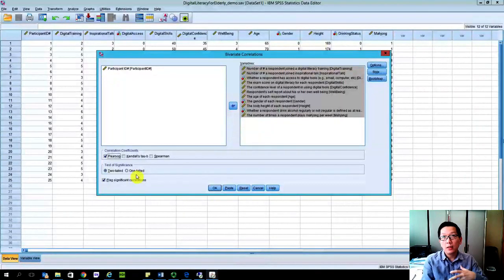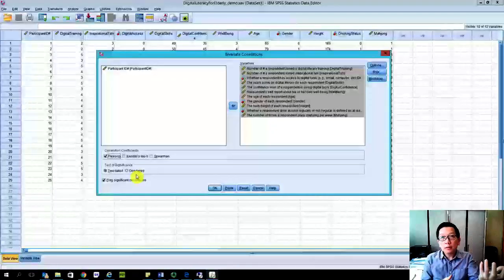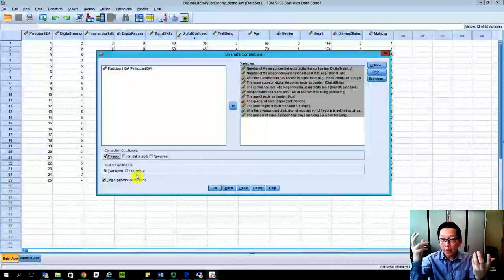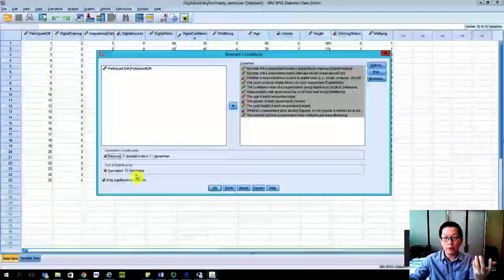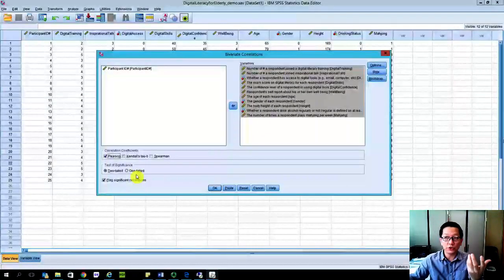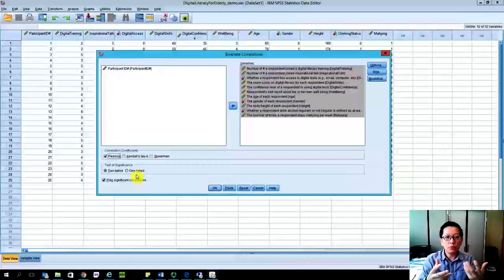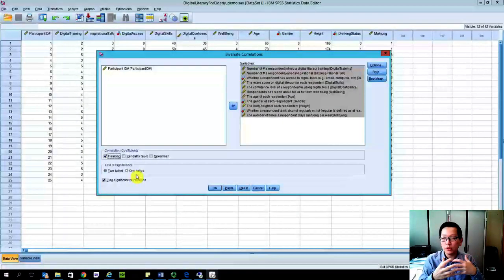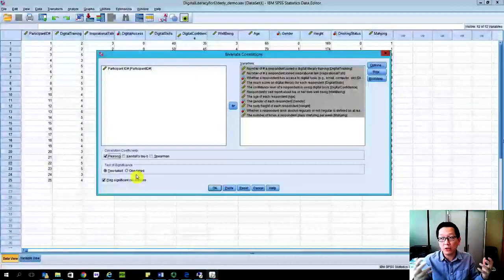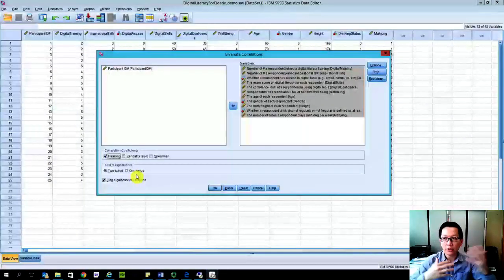For example, you say the more digital training that they receive, the better the digital skills and the better the well-being of these respondents, and you have a very precise prediction that this is a positive relationship. But in this test, I don't want to use a one-tail. I want to use a two-tail, which is a safer, more conservative approach, since maybe the relationship is not always positive. It can also be negative. So two directions, positive and negative.